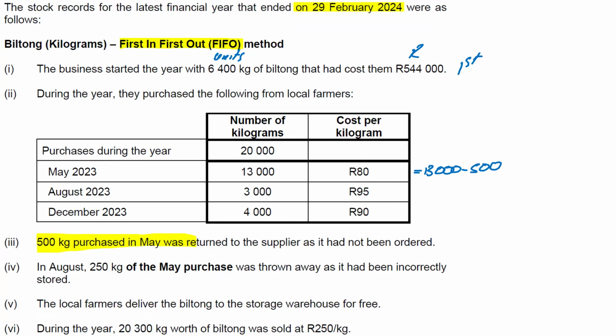And then in Roman numeral 4, they say in August, 250 kilograms of the May purchase, so this again is from the May purchase, was thrown away as it had been incorrectly stored. What I'm going to do is from that 13,000, I will also subtract 250, meaning that from that 13,000, I will now be left with how many?